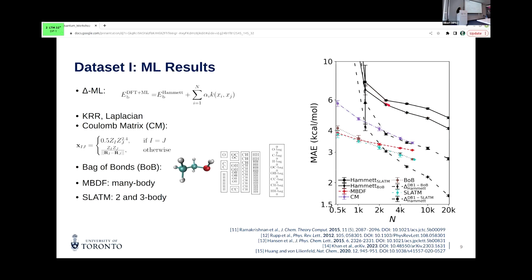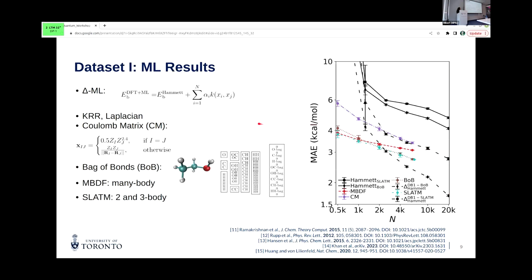So these are the learning curves for Hammett. The one on top here is what's trained on the DFT plus SLATM generated data, and the one below is from DFT and BoB. And after that, we did delta machine learning.